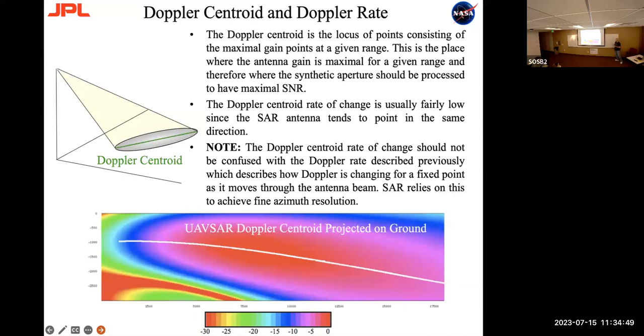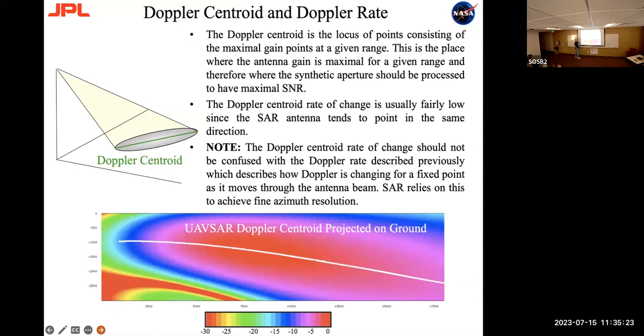That's all fine and good. There's another term that's related to the Doppler, and that's called the Doppler centroid. People may have heard about this in their processing. The Doppler centroid is different than the Doppler associated with the phase history. They're related, but they're different things. The Doppler centroid is the Doppler at the point of maximal gain in the antenna beam, at the peak gain within the antenna pattern.